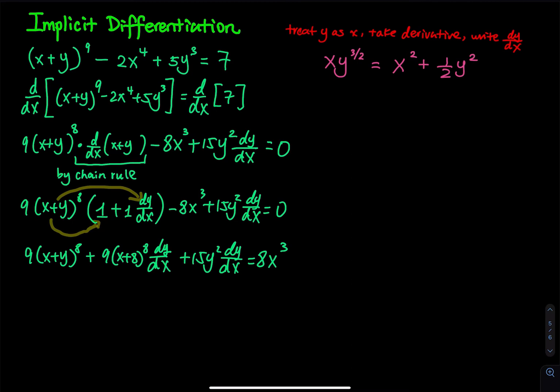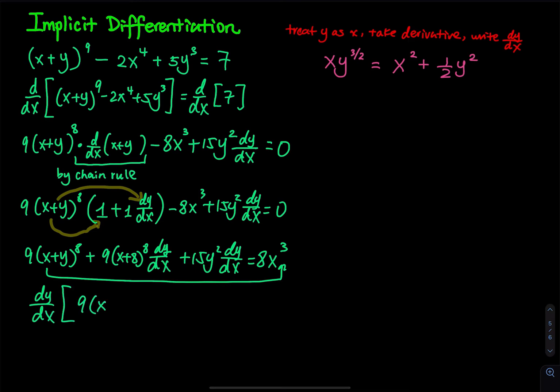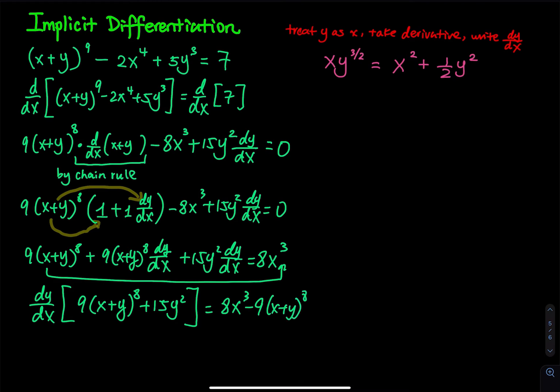And then the next step is we are going to subtract this. So we will be moving this to the other side, and then factor out the dy/dx. So we factor out the dy/dx, and then inside the square bracket we have 9(x + y) to the 8th power, plus 15y squared, close the square bracket, and then on the other side we have 8x cubed minus 9(x + y) to the 8th power, and then we divide both sides by the square bracket.